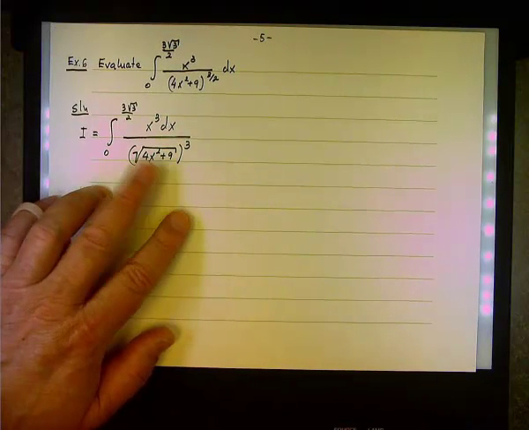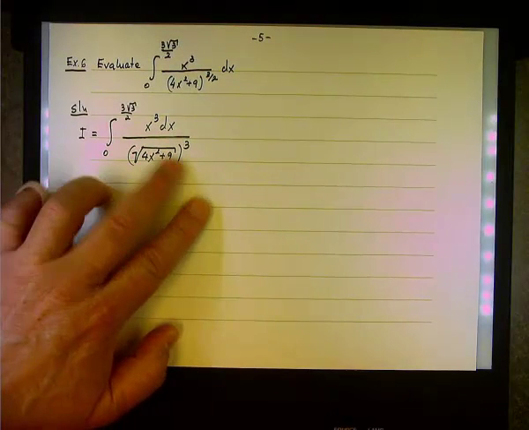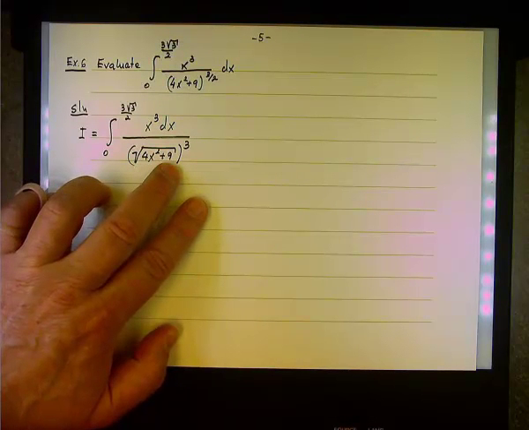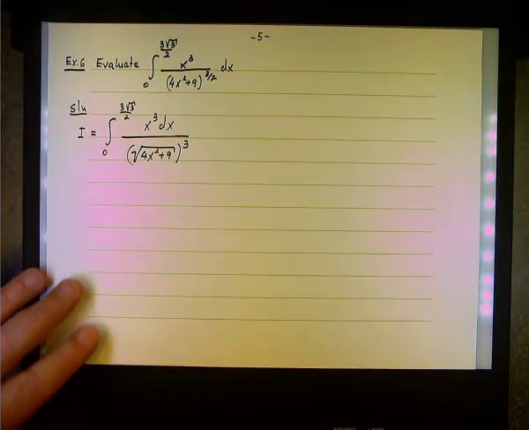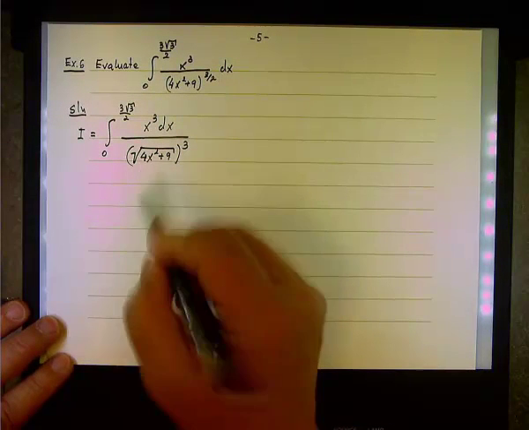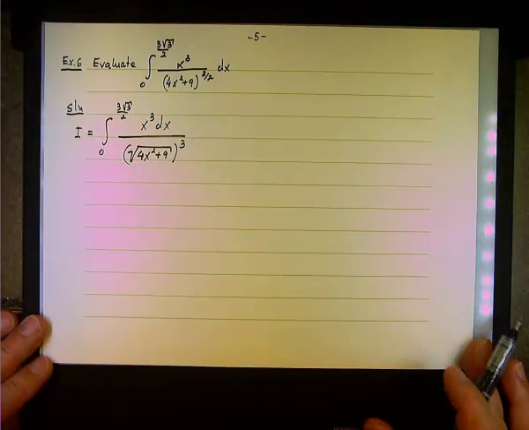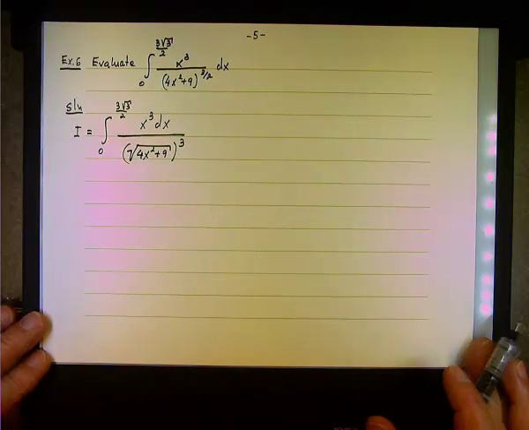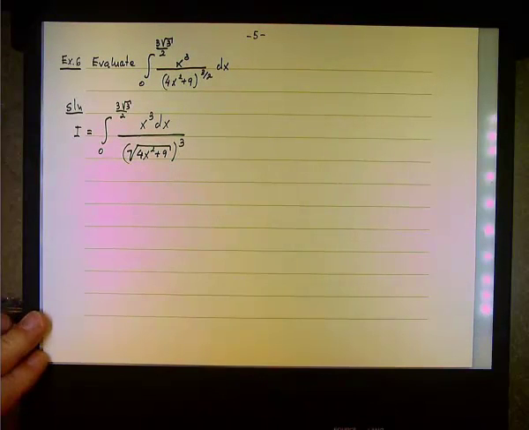I wrote it this way because I want to substitute the radical before cubing it, and cube the outcome. I'm still not out of the woods yet because this is still not one of the 3 radicals that we had earlier, okay? So I need to do something to 4x squared.